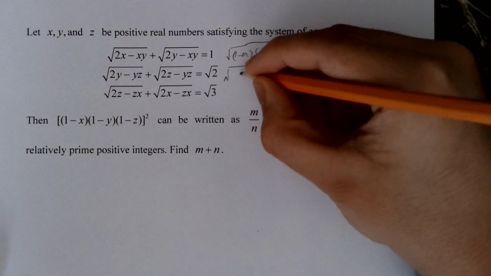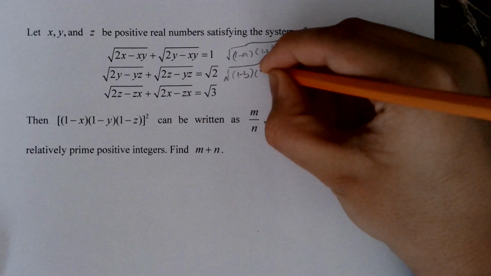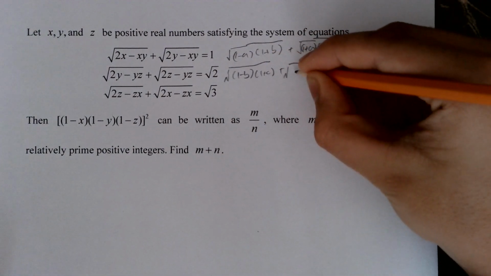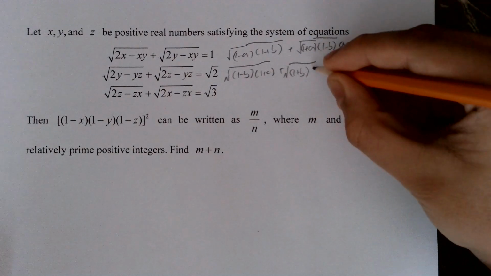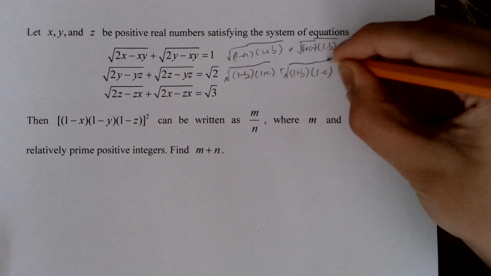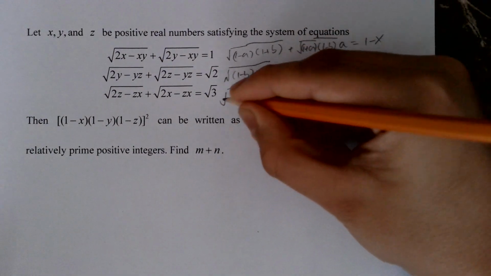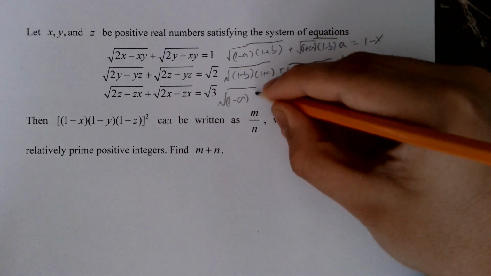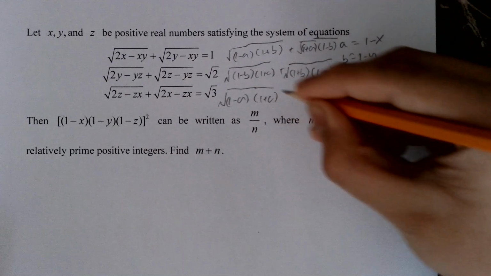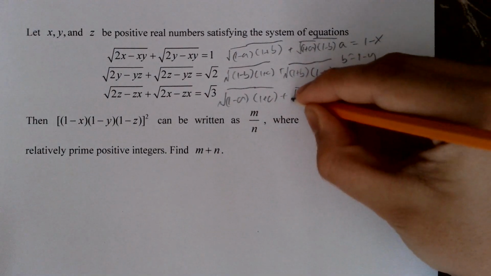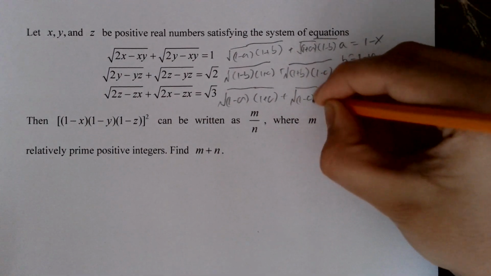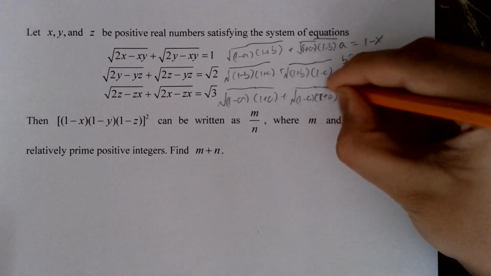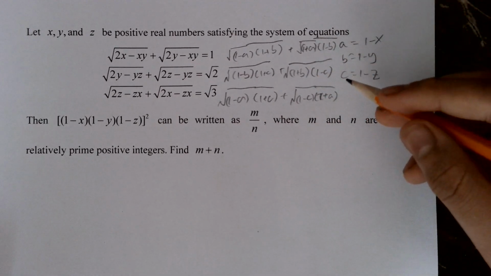And it's going to be the same for these: square root of (1 minus b)(1 plus c) plus square root of (1 plus b)(1 minus c), and then square root of (1 minus a)(1 plus c) plus square root of (1 minus c)(1 plus a). Now these might be a little bit hard to read, but we won't be using them that much.